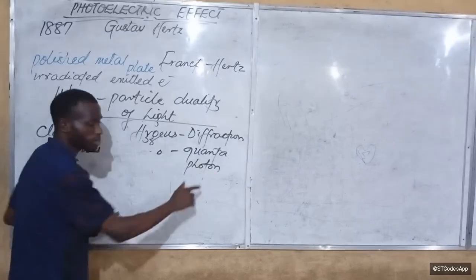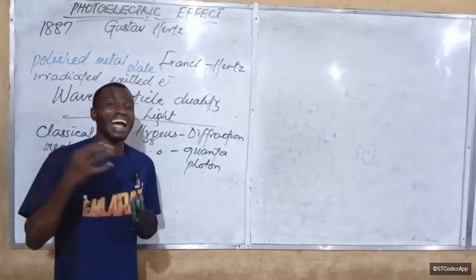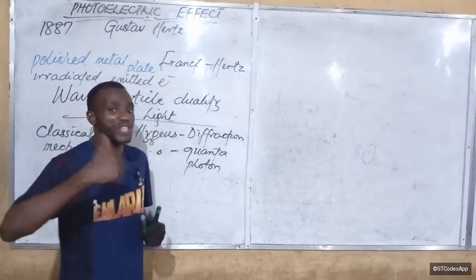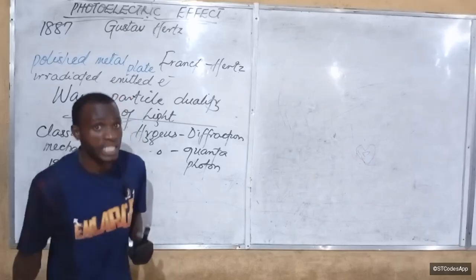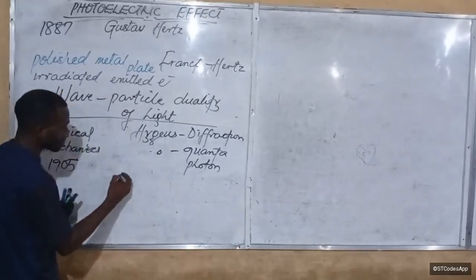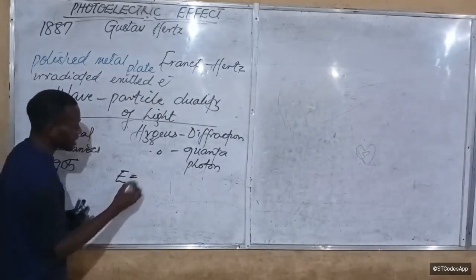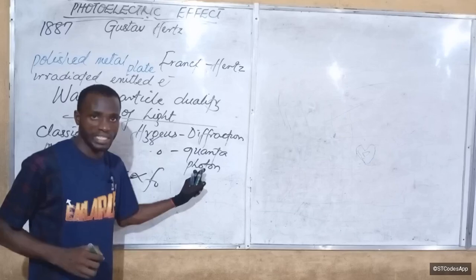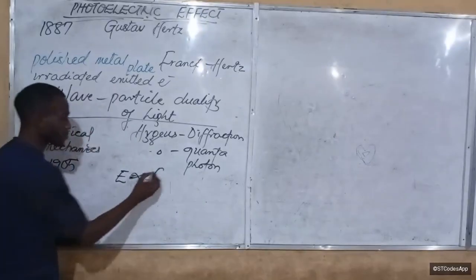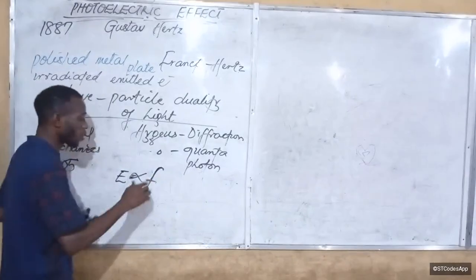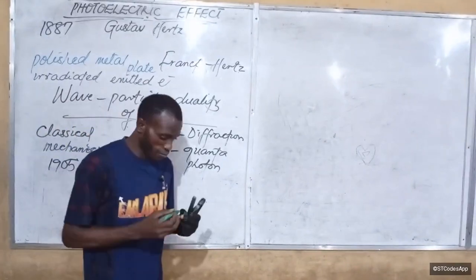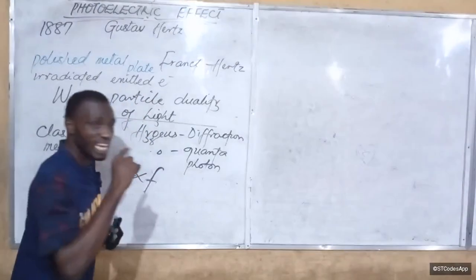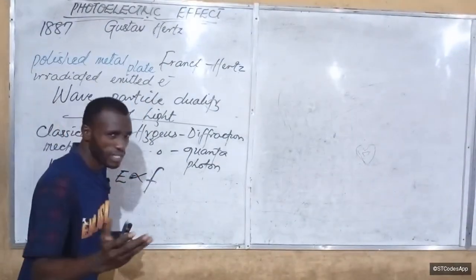So these massless particles carried a particular amount of energy, which was dependent on the frequency of that photon. Is that okay? That photon carried an amount of energy which was directly proportional to the frequency of that photon of light. That frequency was enough, or greater than the minimum frequency, for the ejection of electrons from a metal surface.